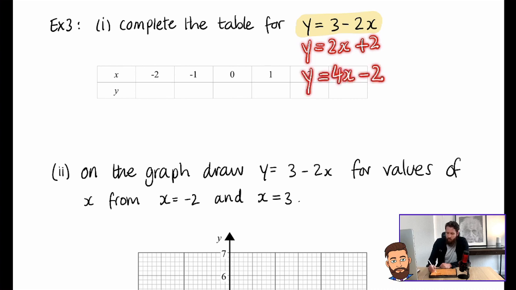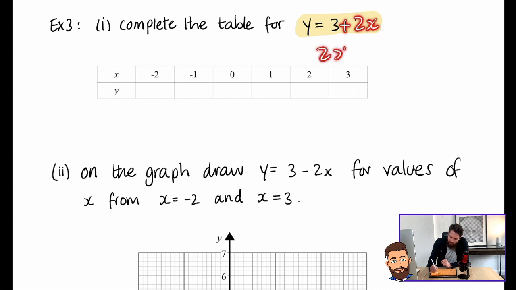If I was to ask you, what makes these different? This new line in example 3 has a negative x. These ones were positive, 2x and 4x. This one has a negative 2x. So we're going to see what happens when our x is negative.